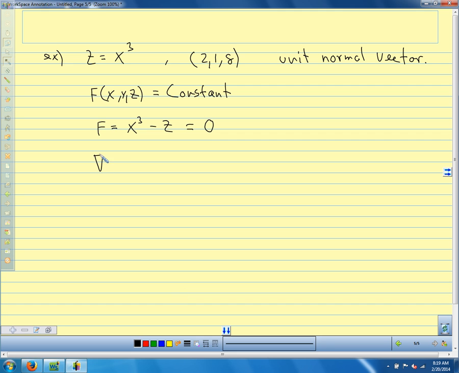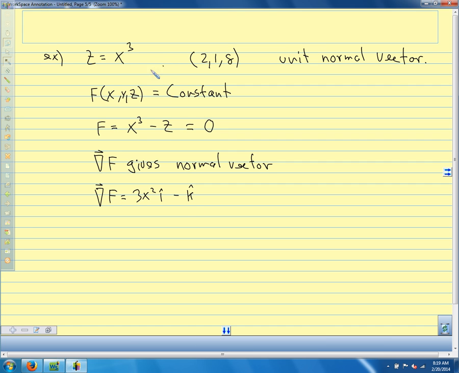So del f gives us our normal vector, so we take the gradient. Del f is going to be 3x squared i hat. We have no y component, so minus k hat. So there's our normal vector. We want it at this point, so del f at, and let's call this p0 so we don't have to write as much.